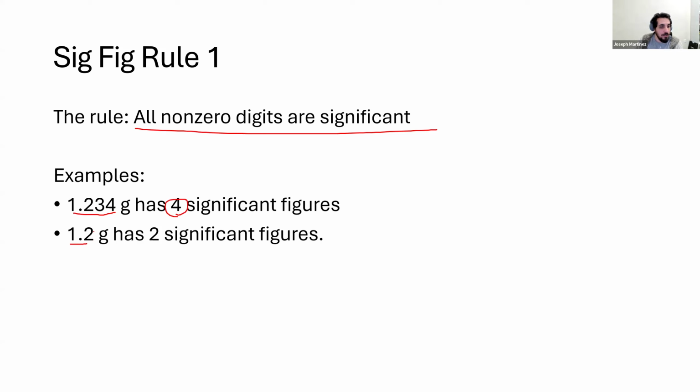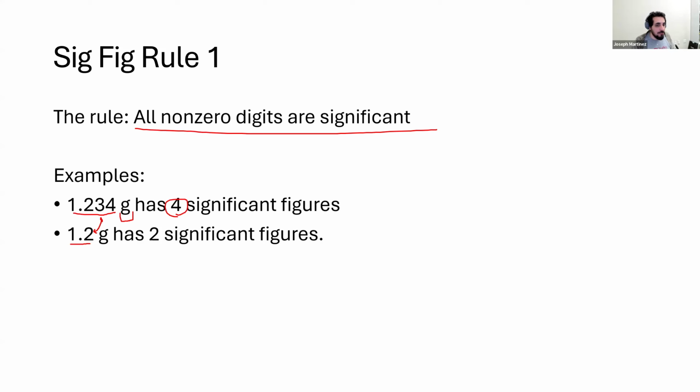Whereas 1.2, these are similar measurements. In fact, these can be measurements of the same object with different precision, right? 1.2 grams or 1.234 grams, again, a number with a unit attached to it. These could be measurements of the same object with different devices that have different precision, right? These are basically the same measurement, 1.234 and 1.2.